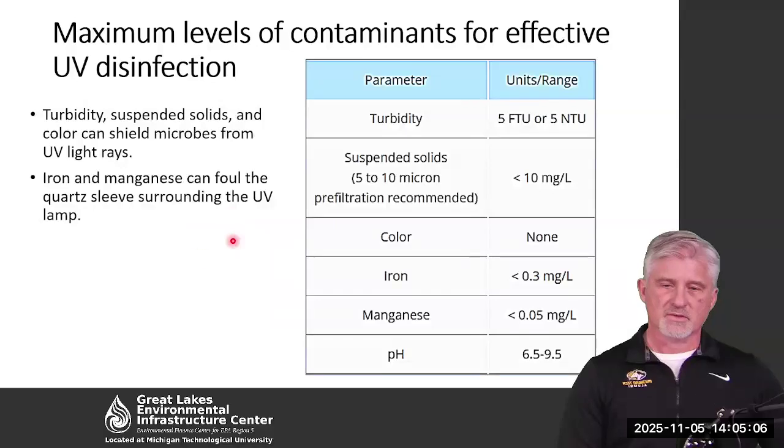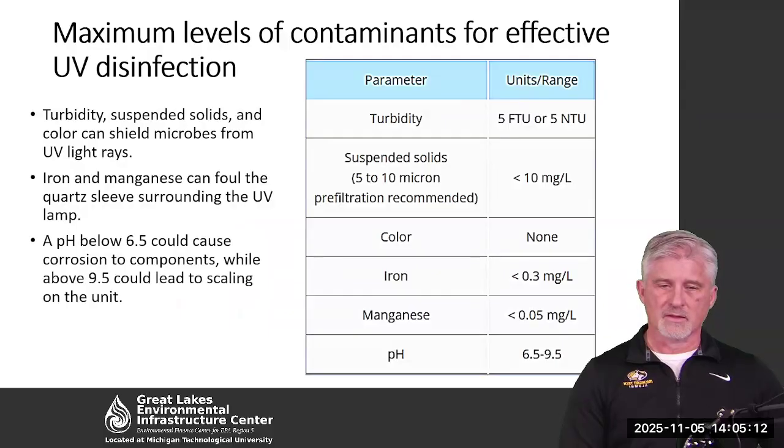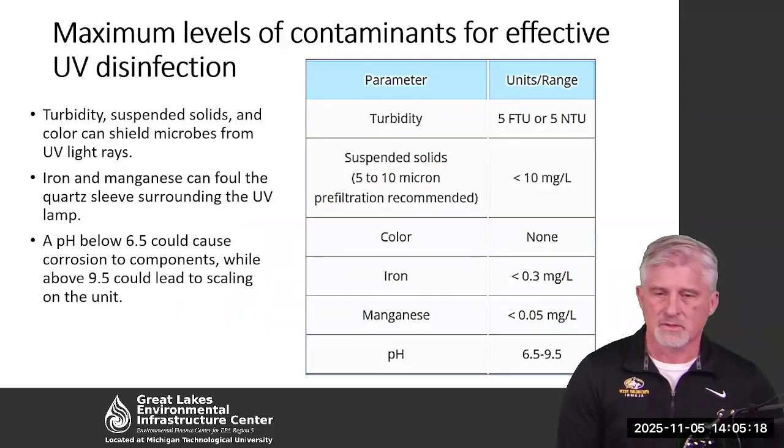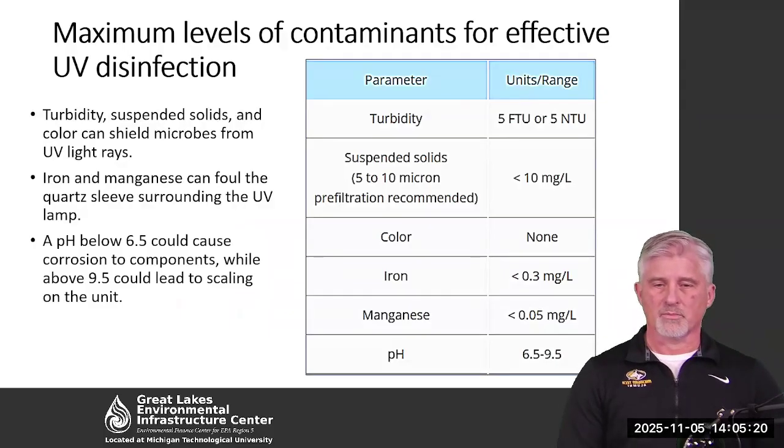Iron and manganese can also foul the sleeve that the water goes through, so that can affect how well it works. And then you can have some corrosion if you've got a pH below 6.5, and you can have some scaling if you've got a pH that's higher. So the use of UV can be limited.